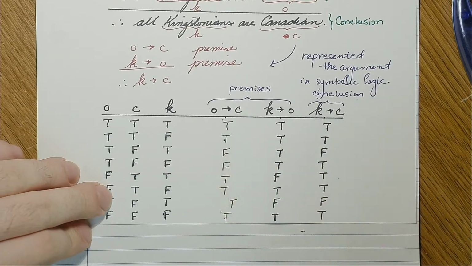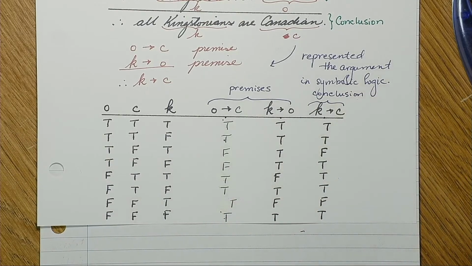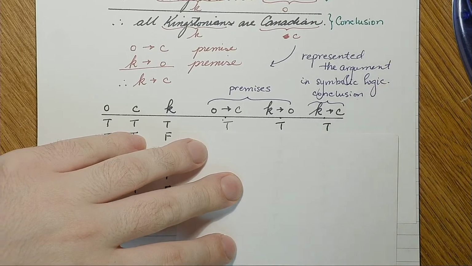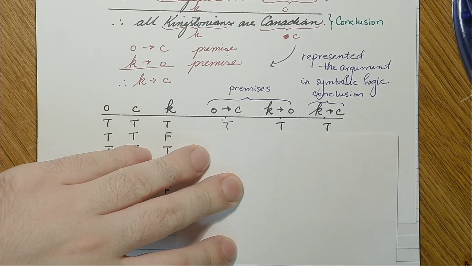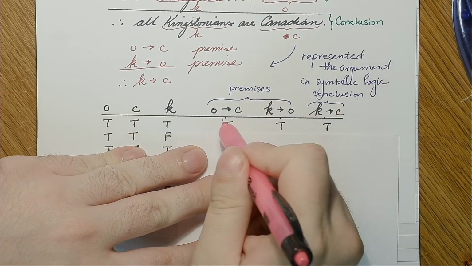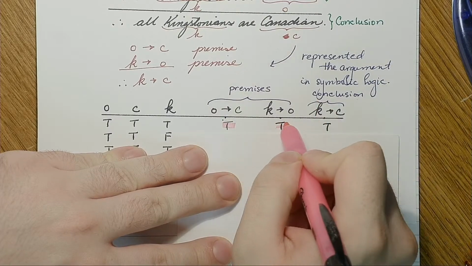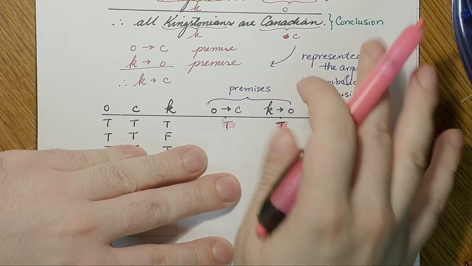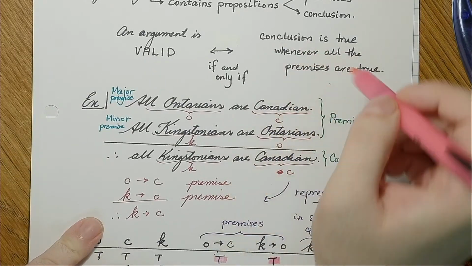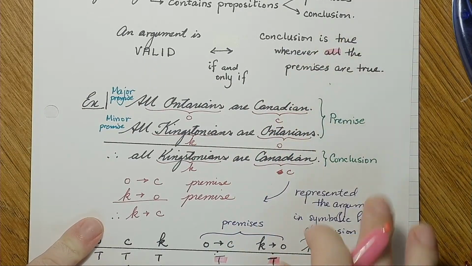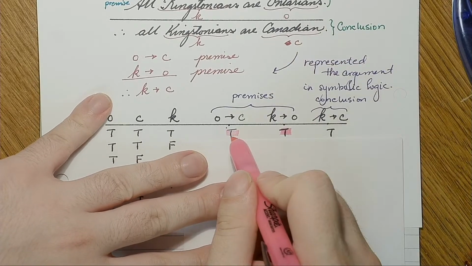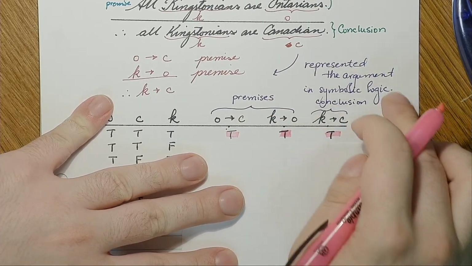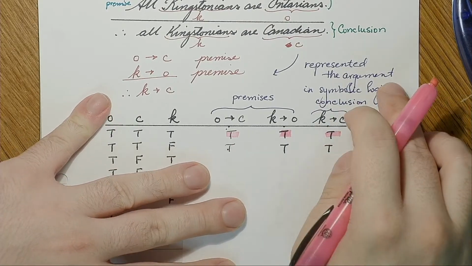So what we do is, and I think what I'll do is I'll use a highlighter. So we'll look here is where both the premises are true. So again, whenever all the premises are true. Here's a case where it's true, and we look at the conclusion and it is also true. So that's good.